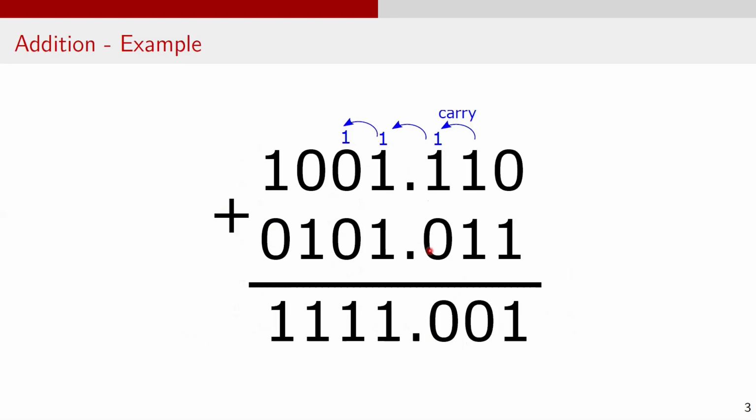Let's work out an example to understand binary addition. And we want to add these numbers. We start adding from the rightmost digits.